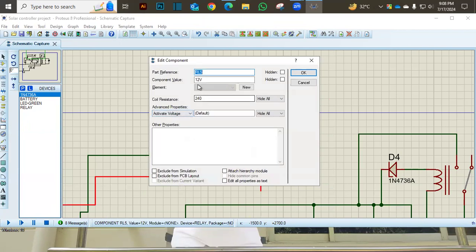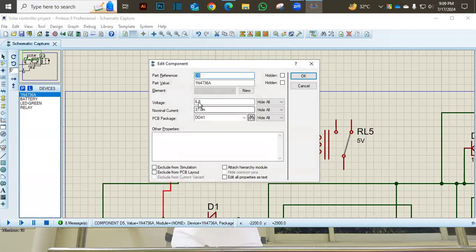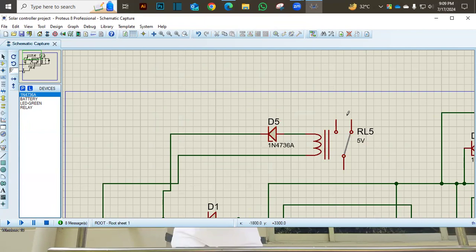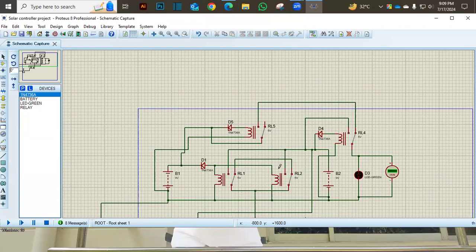We set our relay value to 5 volts, and this will be our 5 volt system. And now we're connecting on that loop.